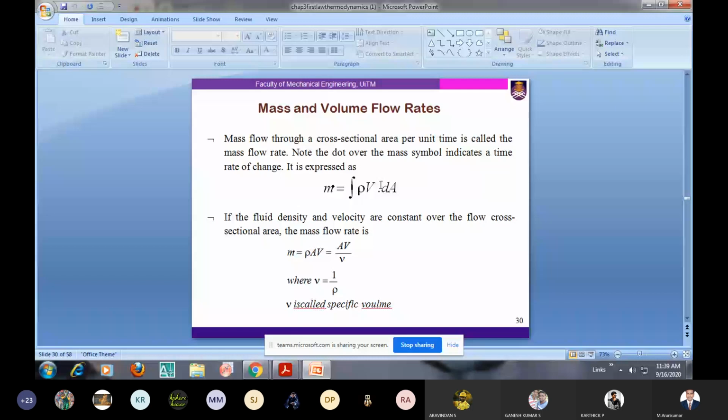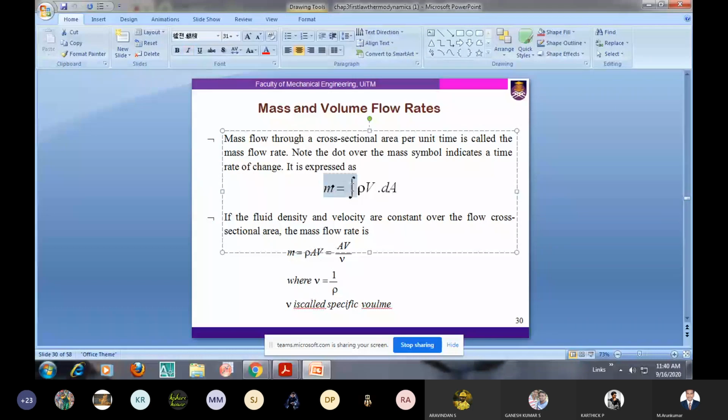So area, velocity, and we know the density rho. If you know these, we can calculate the mass flow rate. Just take down the formula: m dot is equal to integration of rho V dA. That is mass flow through a cross-sectional area per unit time.